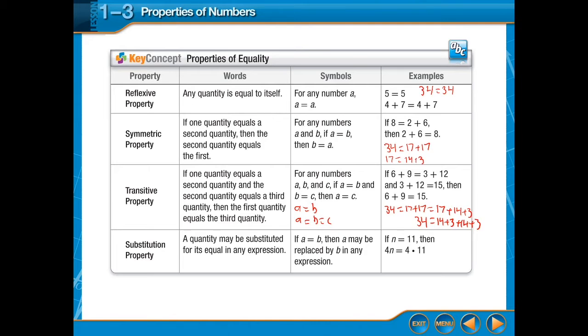The substitution property says that if two things are equal, then you can replace one of them with what it is equal to anytime you want.